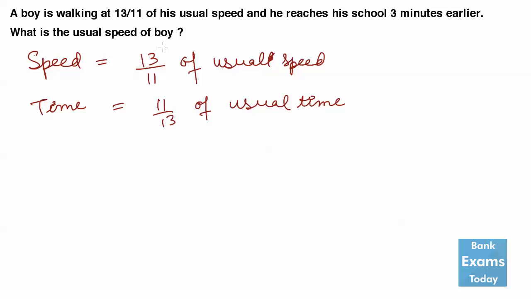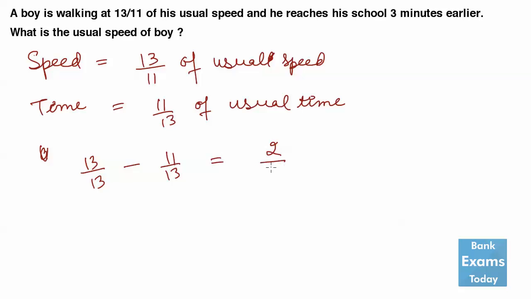As I told you earlier, the speed and time taken are inversely proportionate. So if the speed becomes 13/11, the time taken will become 11/13 of the usual time. The usual time is 13/13, and the boy takes 11/13 of the time.